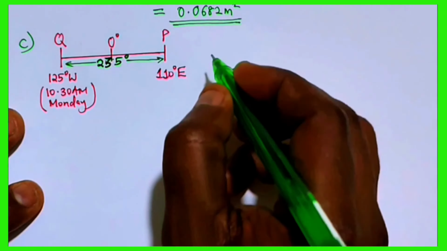Therefore, in part A, we are being told to calculate the distance in nautical miles it traveled. So we are going to consider that we've been given the speed and the time in the question. So we are going to consider the formula that distance will be equal to speed times time. And the speed has been given as 500 knots.